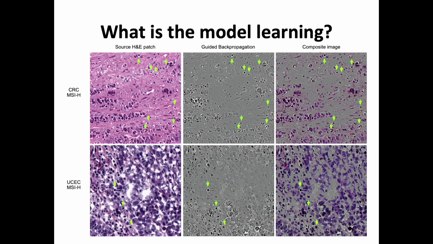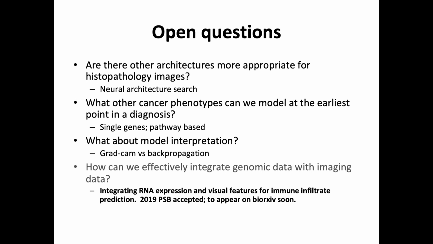So the idea is that we're now able to train a model, look at what's invariant across these cancer types, and go back and see what's biologically meaningful. There's no shortage of questions here. Questions about what the ideal architecture is. Does this mean we need to look at neural architecture search to get a better understanding of the right way to go about digital pathology images?